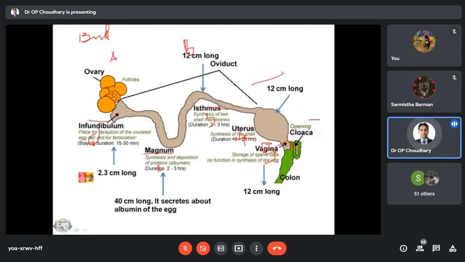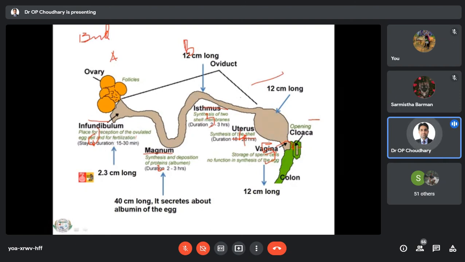That will be covered. I will cover it when I go through the various parts of the cloaca. Or maybe it will be taken by Arup sir also, because this bursa fabricius is related with the formation of that.